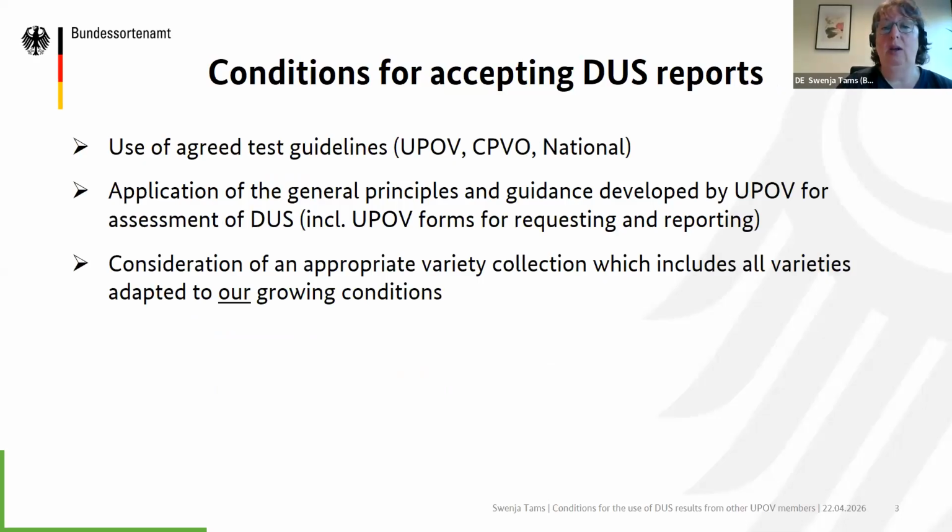Of course, UPOV has a lot of guidelines for most of the species, and we have to agree to use those test guidelines, and perhaps there might be also other test guidelines which are relevant, like CPVO test guidelines, or even if the species is very small and there's no UPOV guideline available, there might be a good national guideline in the testing authority which could be used, and we as a requesting authority have to agree on which guideline is the basis of the DUS test.